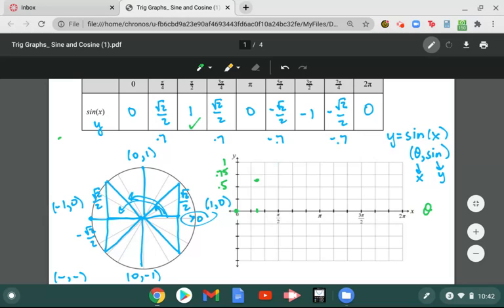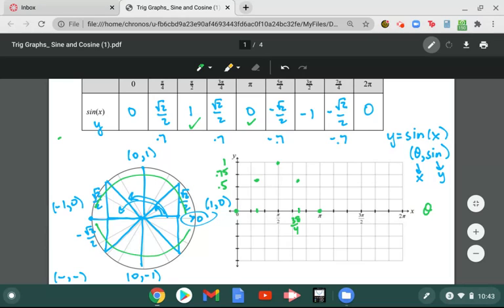And then right here, this would be 3 pi-fourths, we have 0.7 again. And at pi, just working through here, we have 0. So that gets me through the upper half of my unit circle.